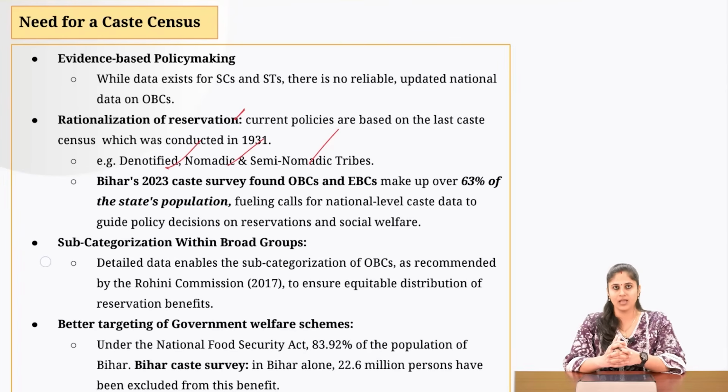At the same time, you would all be interested to know whether the reservation actually has some positive correlation with the socio-economic indicators or not. For that, you need to carry out the caste census on a regular basis.